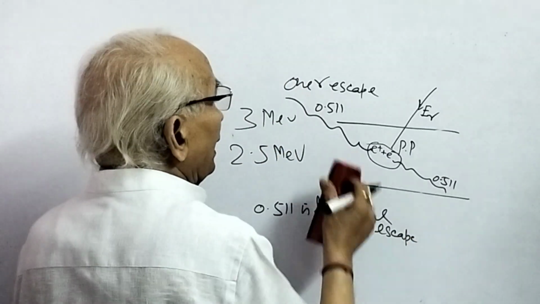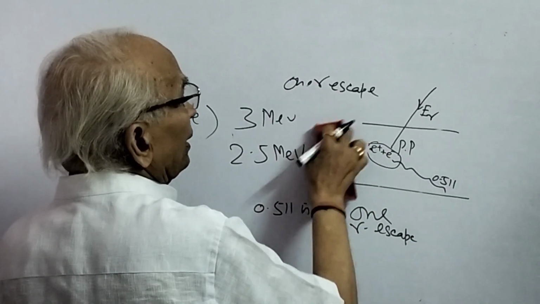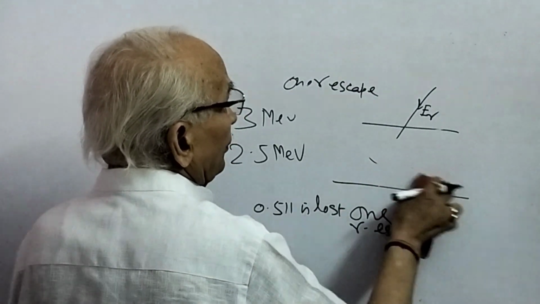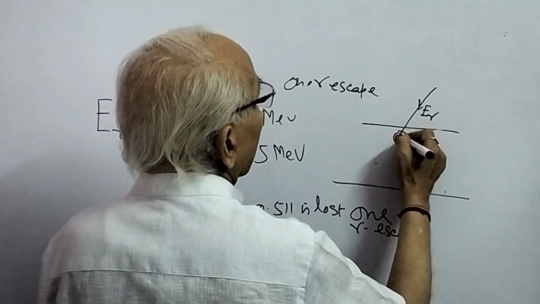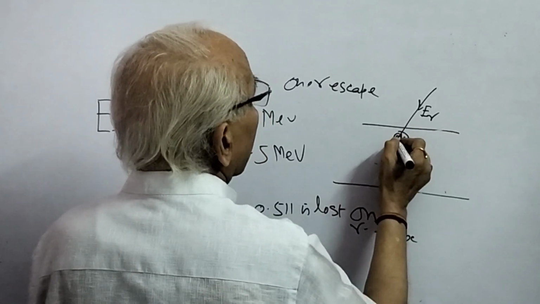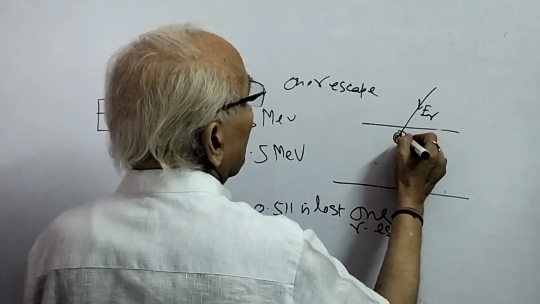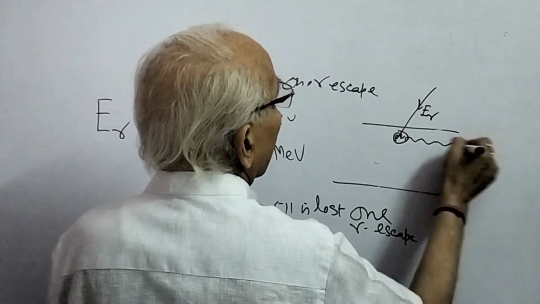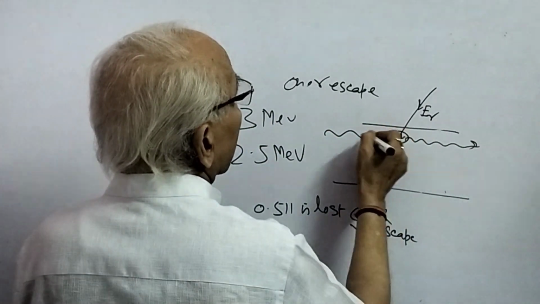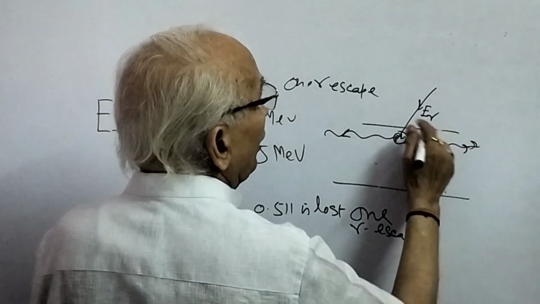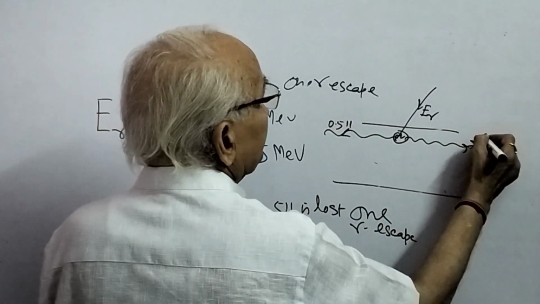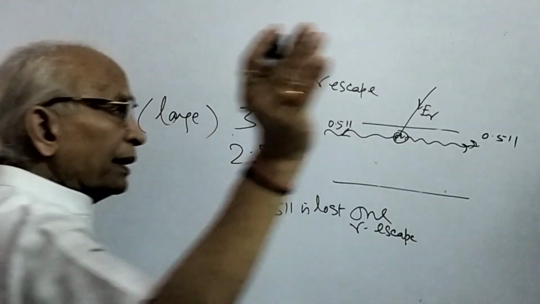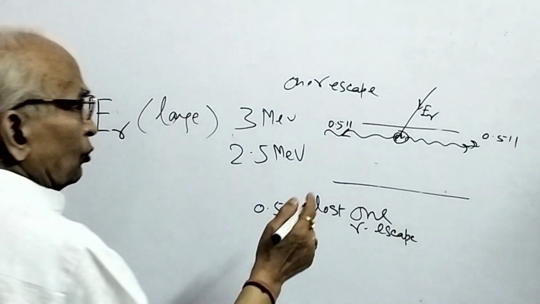It is possible that the pair production takes place somewhere here, e plus and e minus, and we get gamma rays of 0.511 going like this, outside the crystal. So both the gamma rays, 0.511 plus 0.511, go out.